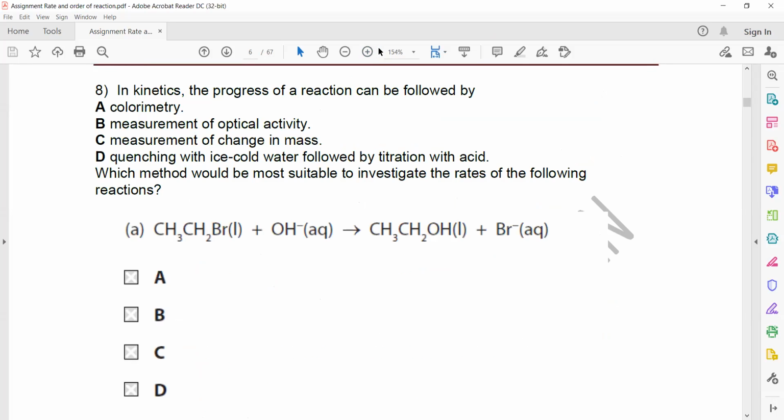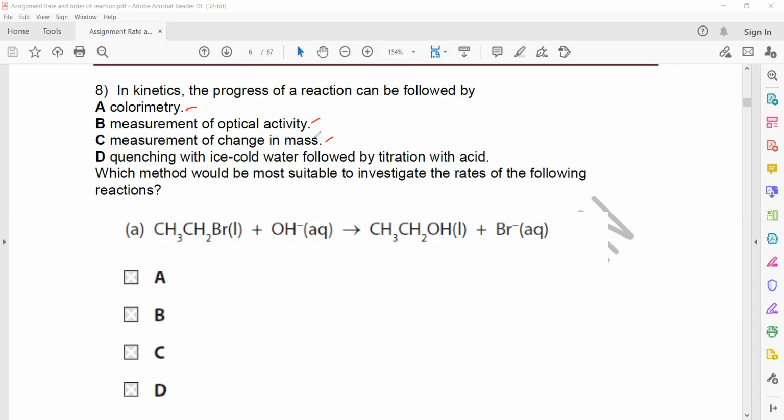In question 8, in kinetics, the progress of a reaction can be followed by the methods shown. Colorimetry, if it's a colored substance. Measuring the optical activity: some molecules rotate polarized light clockwise, some rotate it anticlockwise, so we can identify a change in optical activity.